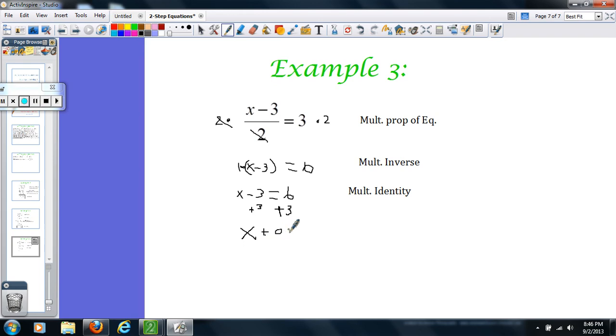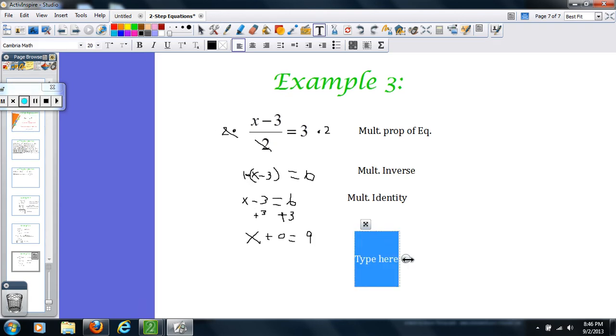So that gives us x plus 0 equals 9. Let me redo that equal sign. And then that would go under the additive property of equality. That would be that step.